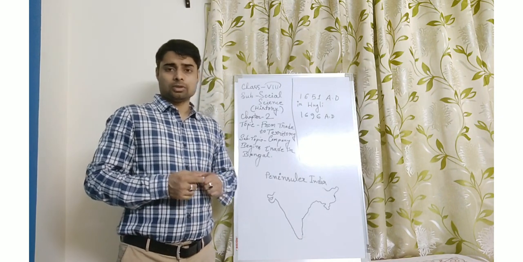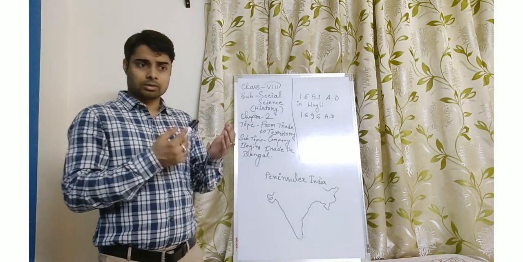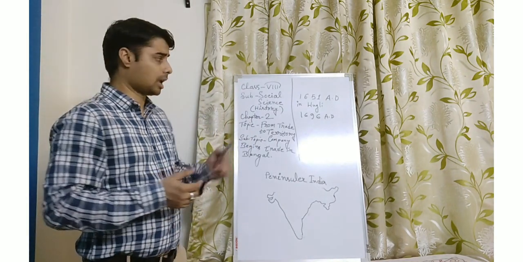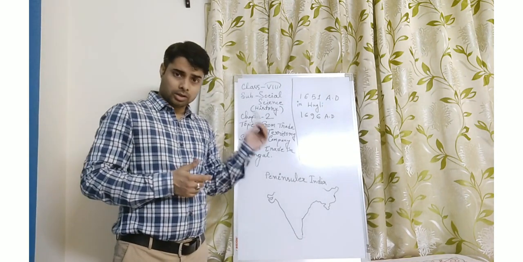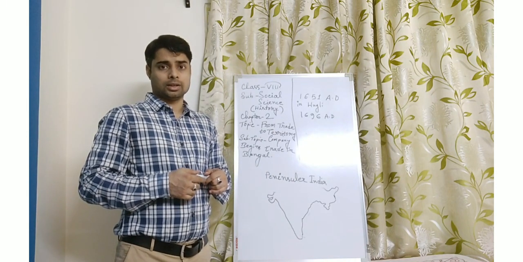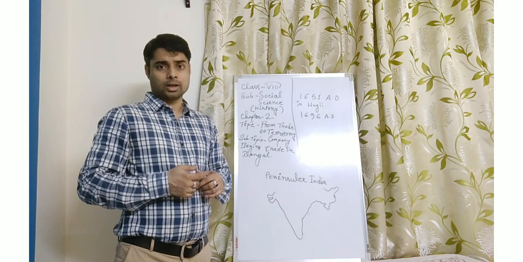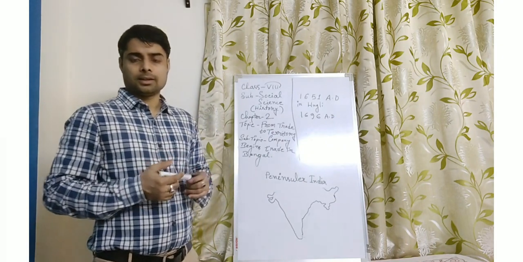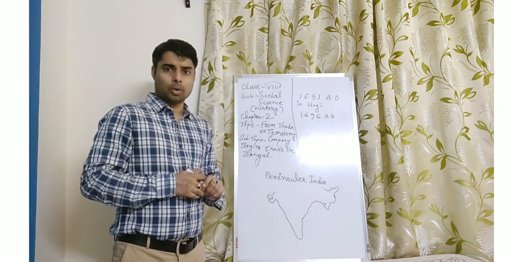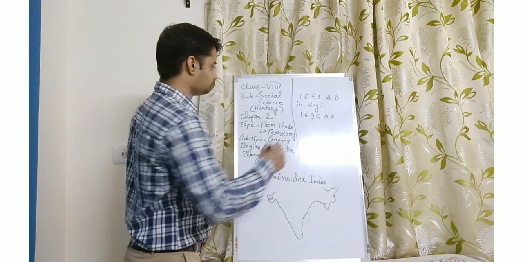So these 3 villages they bought from the Mughal officials and established their new factory, and it is today named Kolkata or Calcutta. That is the state capital of our state, West Bengal.